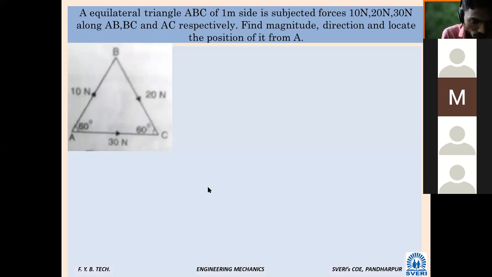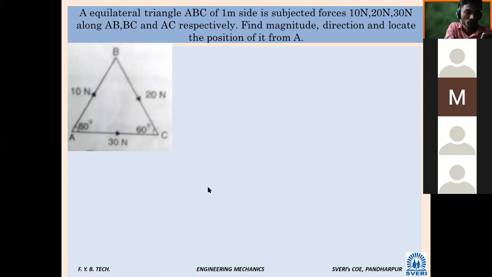Just check whether you are observing this diagram and statement clearly. An equilateral triangle ABC of 1 meter side is subjected to forces of 10 Newton, 20 Newton, and 30 Newton along AB, BC and AC respectively.